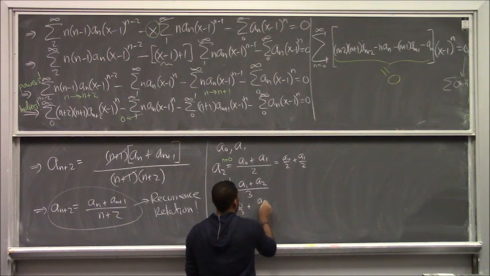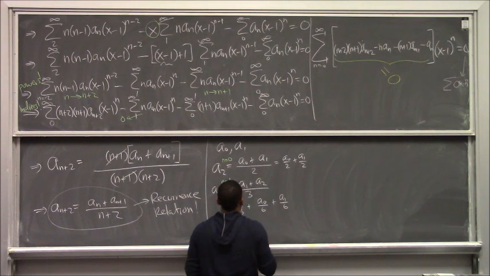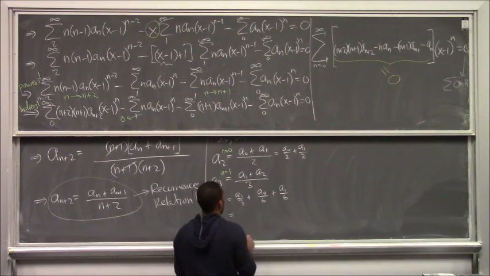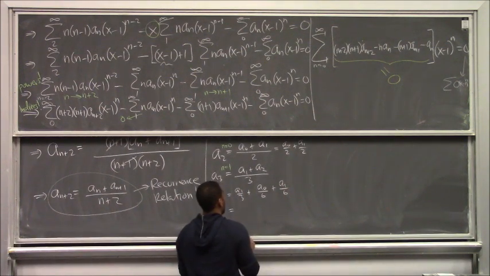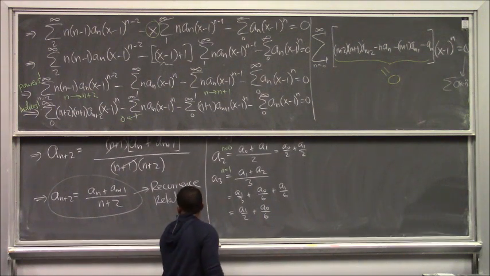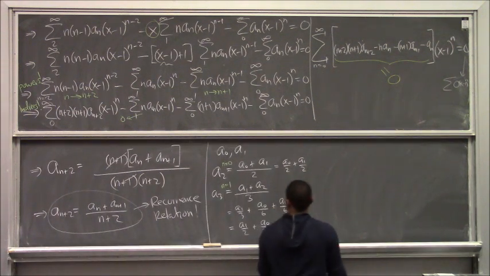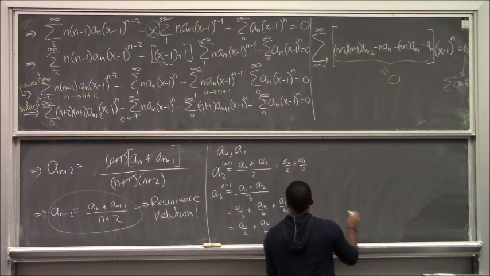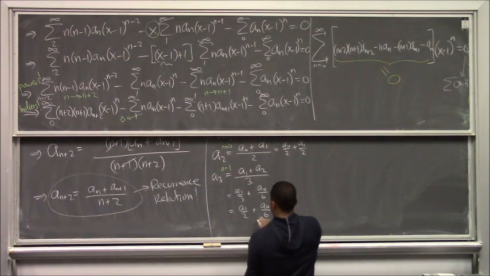So that's going to be a_0 over 6 plus a_1 over 6 plus, which is going to be equal to a_1 over 2 plus a_0 over 6, and so on.